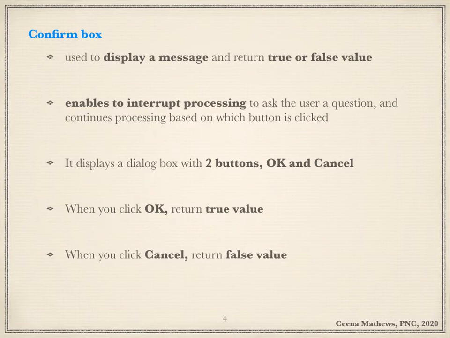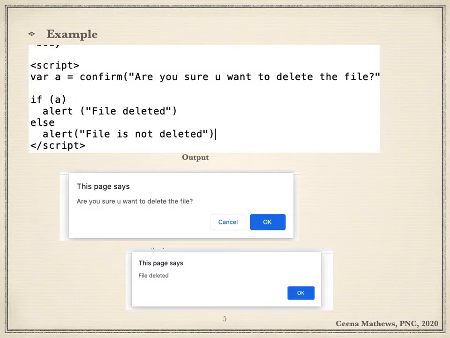We'll see an example for this, where there is the variable declaration keyword var, and the variable here is a. Since confirm returns either true or false, if you need to process based on the result, then you have to return this value to a variable.